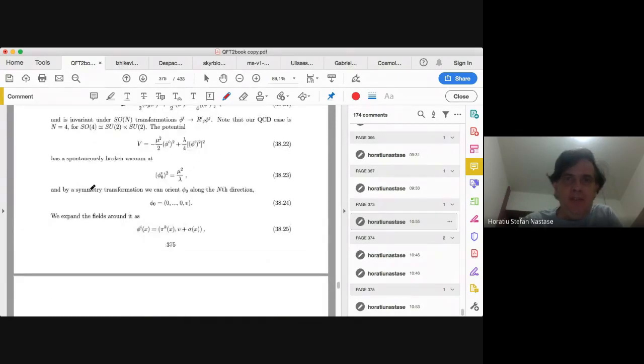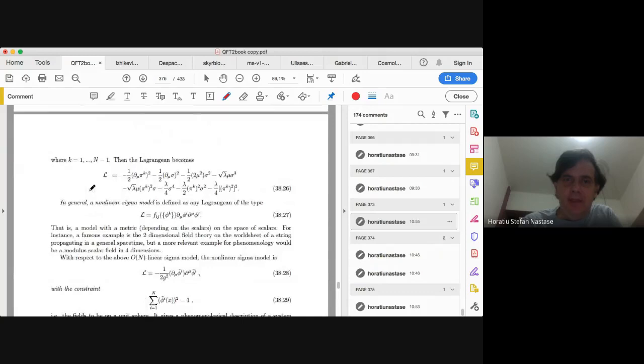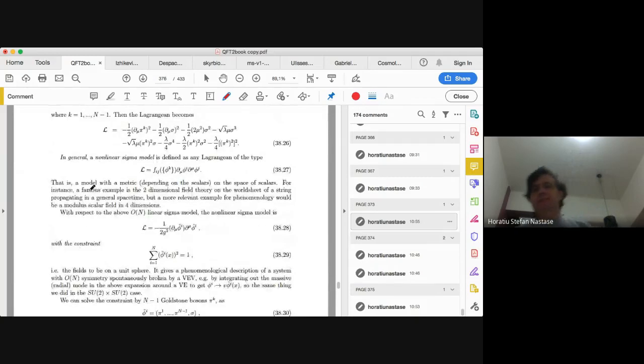Okay, so this was the linear sigma model. Now we'll go to the nonlinear sigma model. But before we do that, let me specify what in general a nonlinear sigma model means.